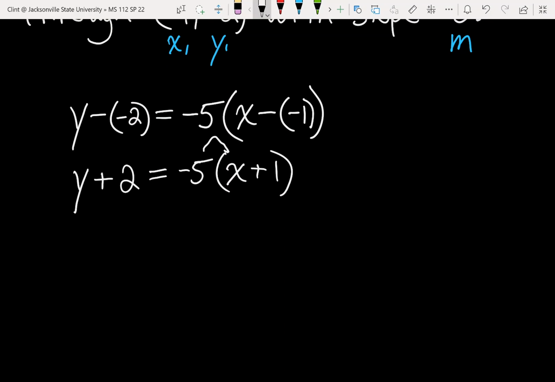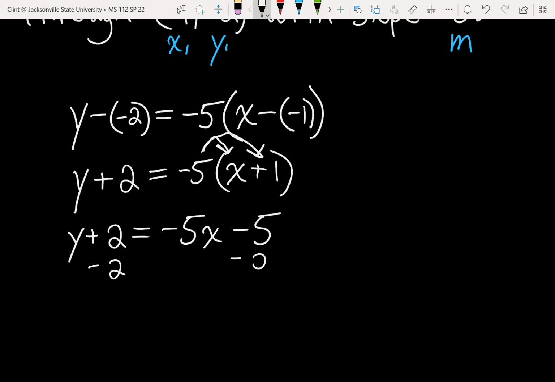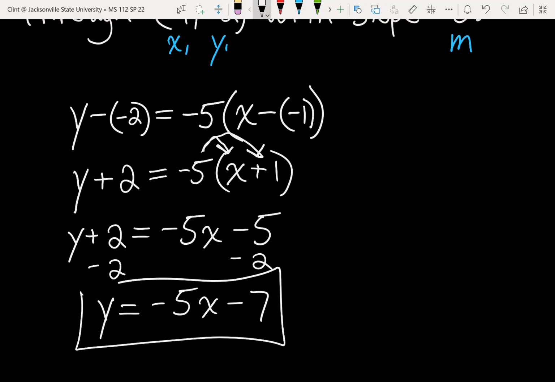Then we've got to distribute our slope, so that's negative 5x minus 5. One more step, we can subtract 2 from both sides. So negative 5x minus 7 would be our equation in slope-intercept form.